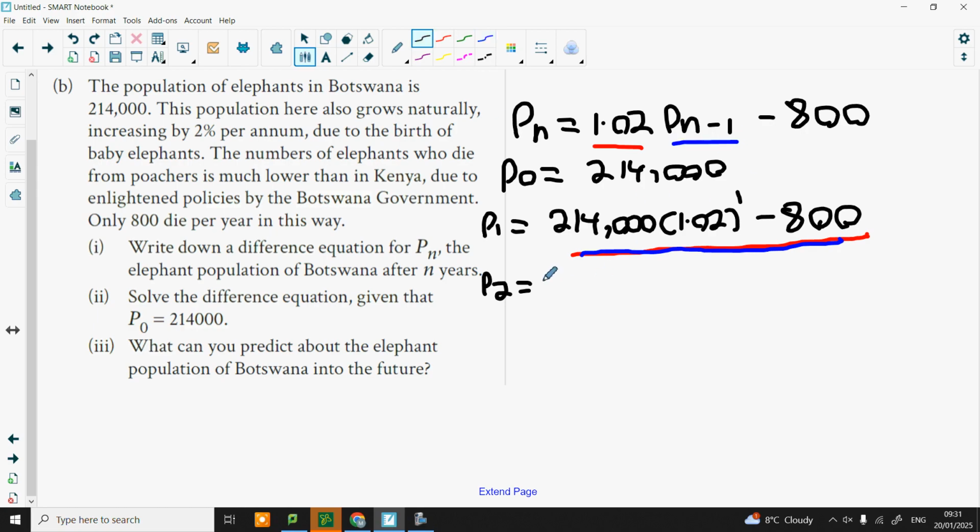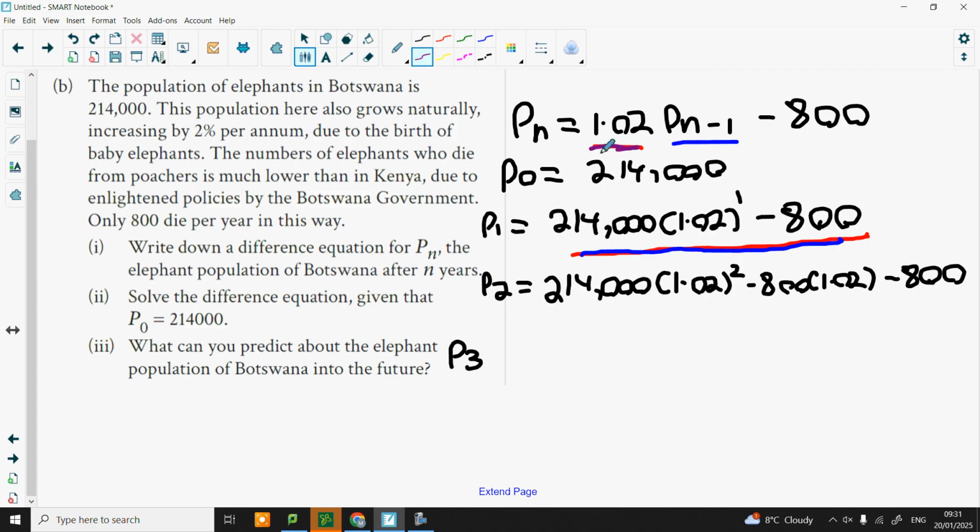So it's going to be multiplied by 1.02 again. It's going to be 214,000 multiplied by 1.02 to the power of 2, minus 800 times 1.02, and then take away the 800 at the end.